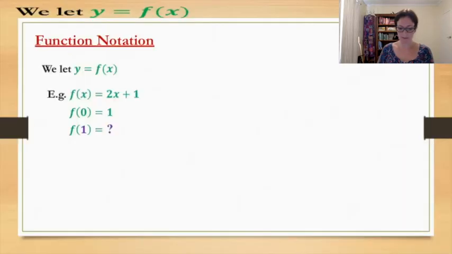Moving on, if we substituted in 1, what would we have? Where you see an x, you put in a 1, get into the habit of using brackets, working that out, we would get 3. Now, at year 11 level, you can start to get into the habit of these simple ones. If you can do those in your head, you can just jump to the answer. But it's not a bad habit to get into the practice of doing some of the setting out each time.